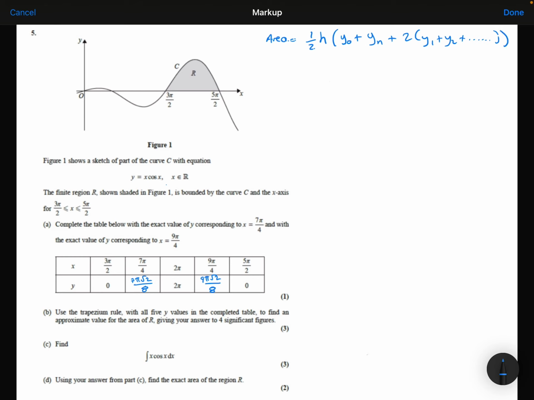In this case, the height, so what's it going up in each time? To work this out, you could just do 7 pi over 4 take away 3 pi over 2, and we get pi over 4. So it's going up in pi over 4s, so the width of each trapezium is pi over 4.